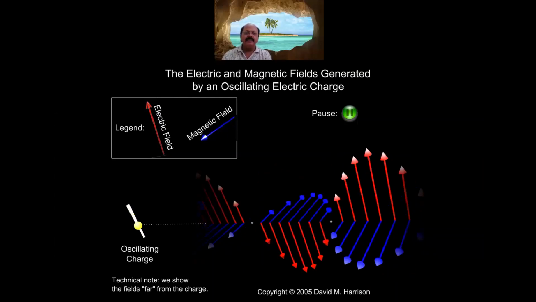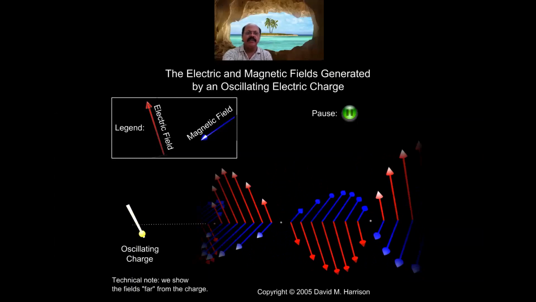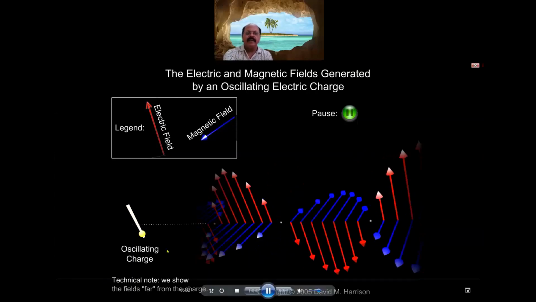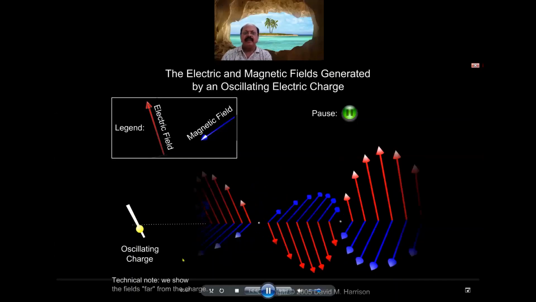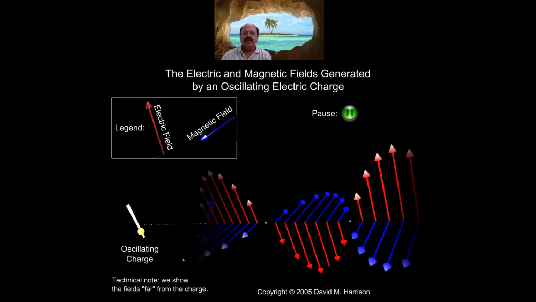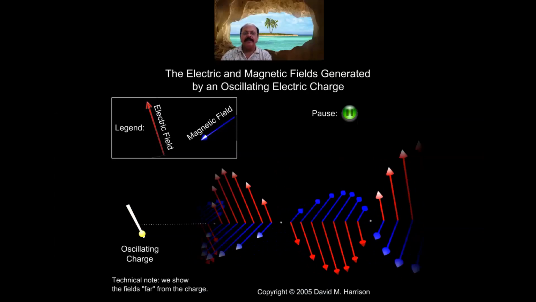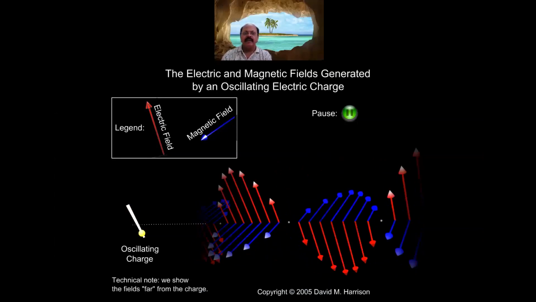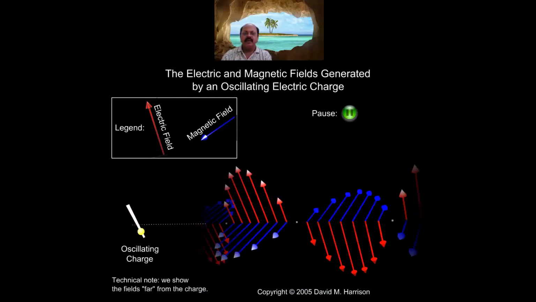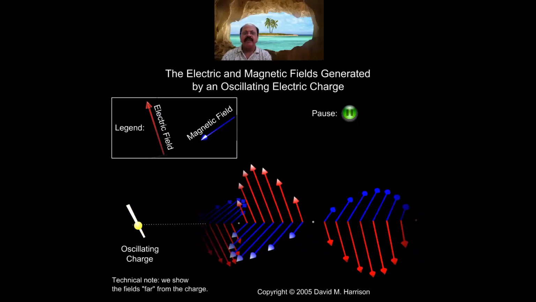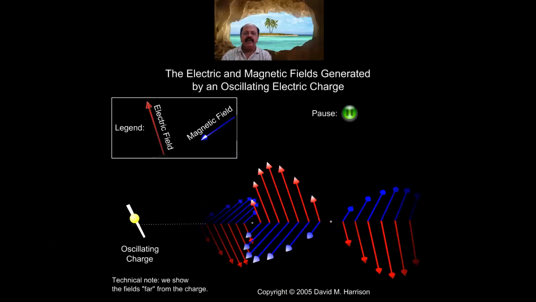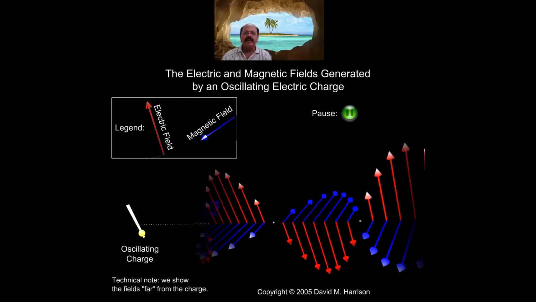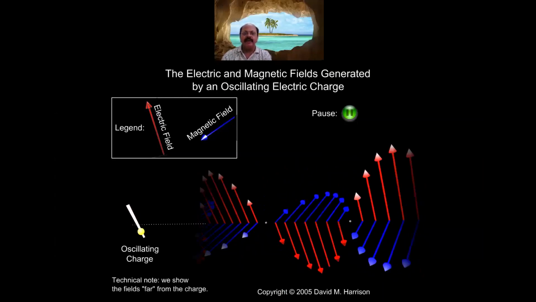As you see, the electric charge is oscillating here, and due to this oscillation, electric and magnetic fields also oscillate, which are perpendicular to each other. That is, due to the variation of electric field with respect to time, a magnetic field is produced, and due to the variation of magnetic field with respect to time, an electric field is produced.